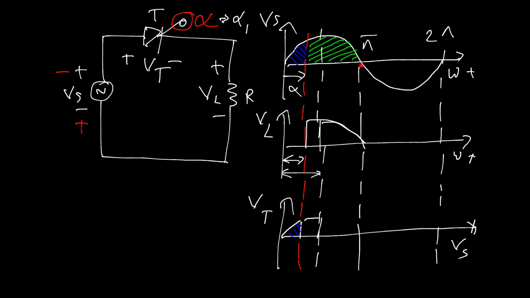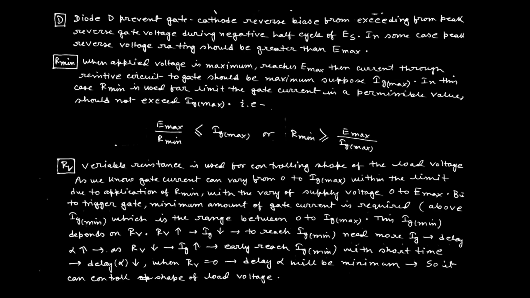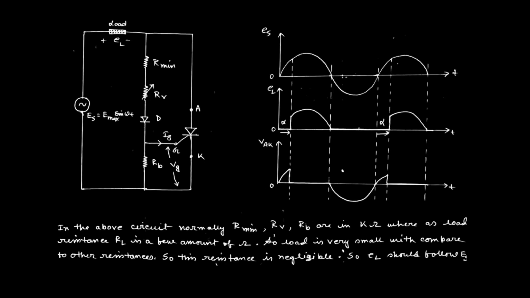After pi, when the negative biasing reaches its maximum at about 270 degrees, the maximum negative current tries to flow from cathode to gate. Since the diode is in reverse biasing condition, it is able to block this total reverse or negative current. So this is the use of the diode D.